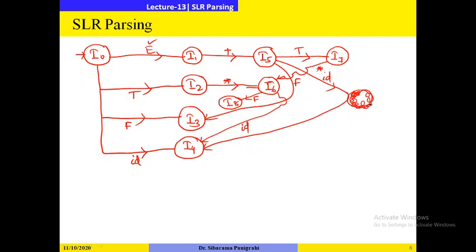Next, I have to draw the X1 and Goto table for this one. By using the X1 and Goto table, we will be able to know whether to perform the shift operation or the reduce operation. In the last class, I told you about one of the popular bottom-up parsers, the shift reduce parser.